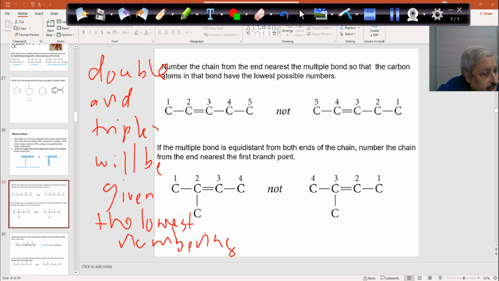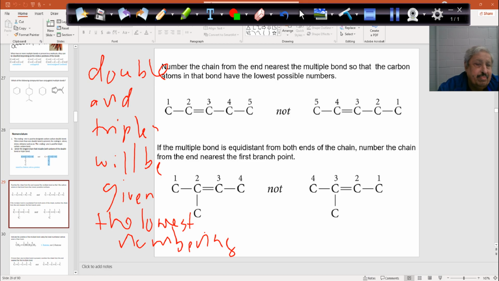As we've seen, A will come before B, B will come before C, and so on. And then you have to look at where you find the lowest numbering of those groups. So don't always take the largest numbering. It has to be even for those substituents. You look for the lowest numbering.